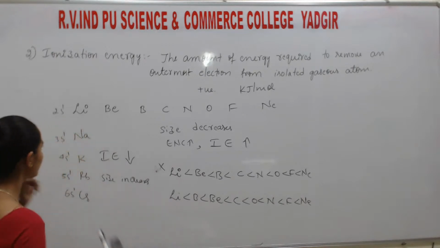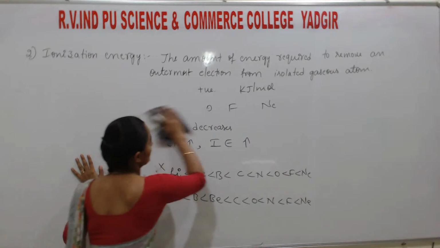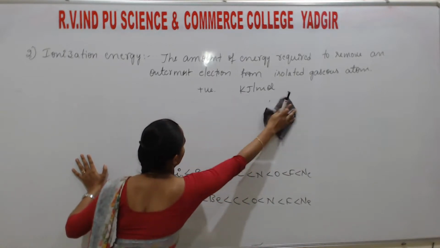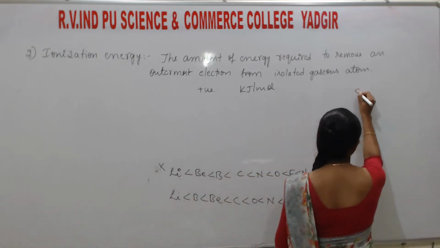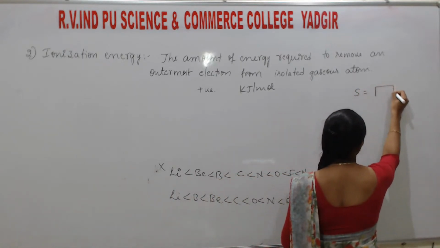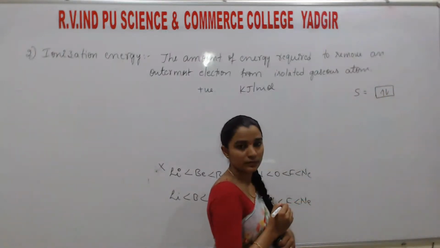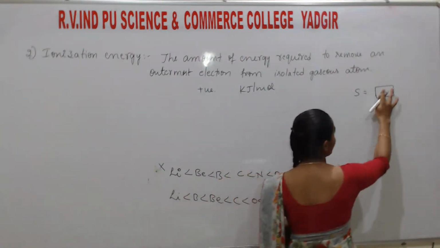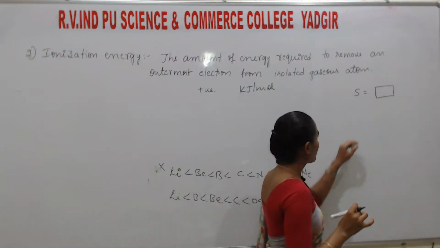Okay, alright? Then you think. So students, remember one thing: for s orbital, we can fill maximum 2 electrons. So for s orbital, we are considering only one box. This is the magnetic quantum number.